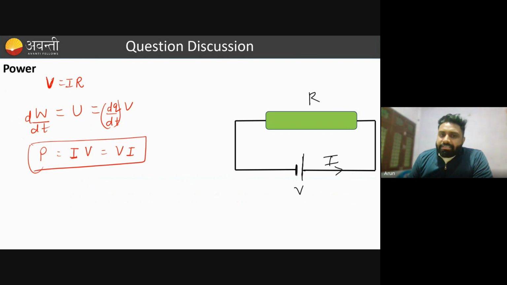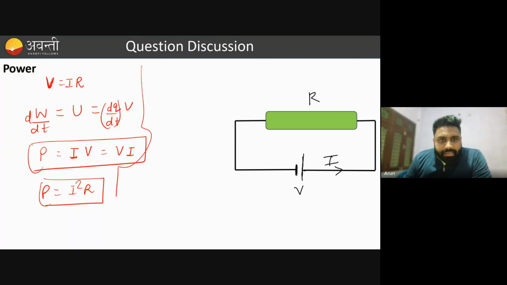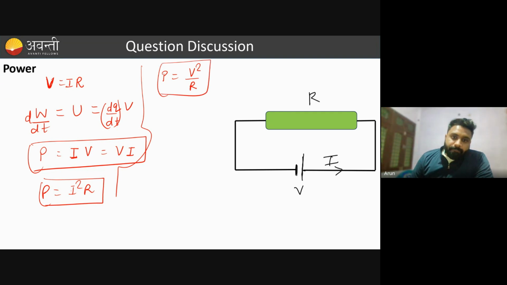Rate of work done is power. If you replace it with R, put the value V equal to IR, so power will become I square R. And if you replace this I with V upon R, the power will become V square upon R. Now, what is electrical energy?